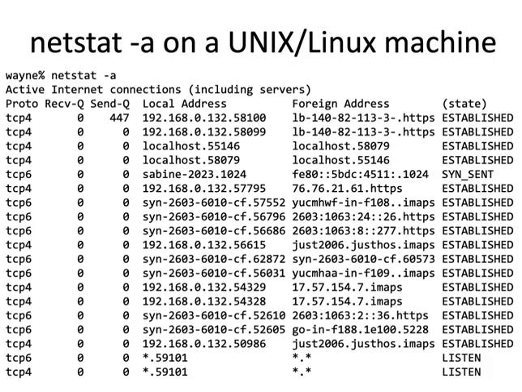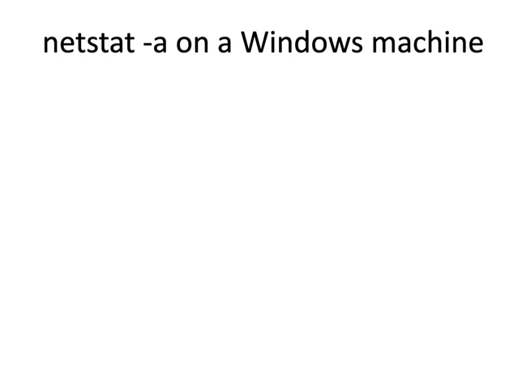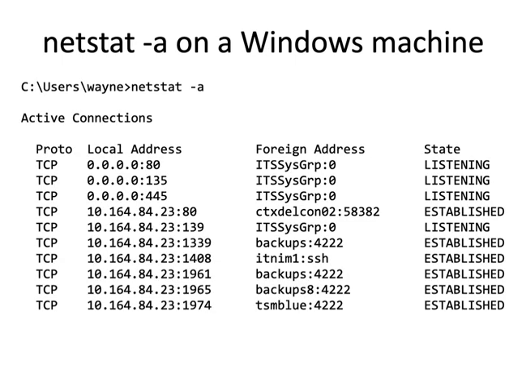So, sometimes you might see something strange and think you have a problem, but after a little investigation, you'll figure out that it was fine, that you weren't hacked or something, that it's just a piece of software that I had running at the time that was listening on ports in this case. On a Windows machine, same command, similar output. So you can do netstat pretty much on any operating system you might be on.